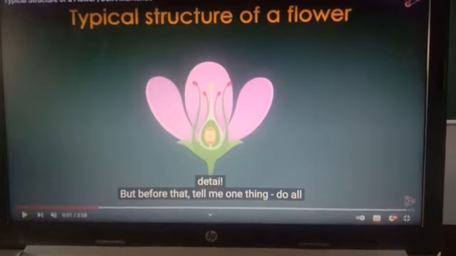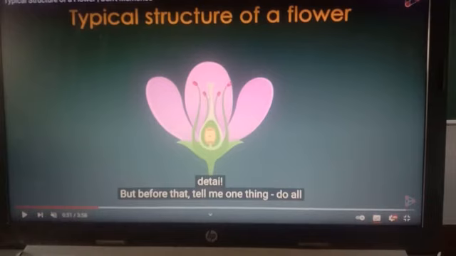Whereas this centrally located part, placed on the thalamus, is called the pistil. It is the female reproductive part. And this part is called the stamen, the male reproductive part.